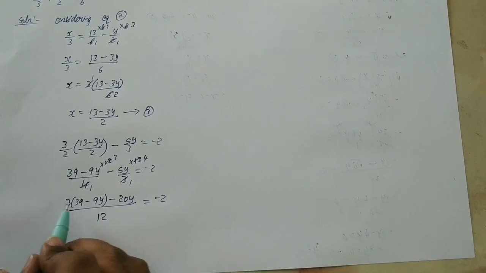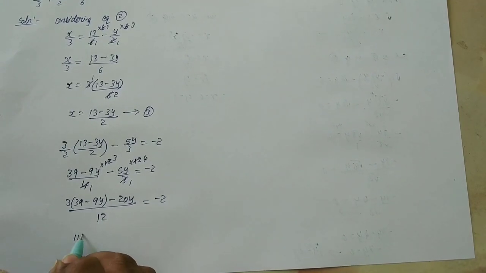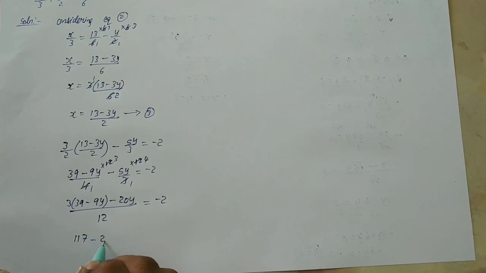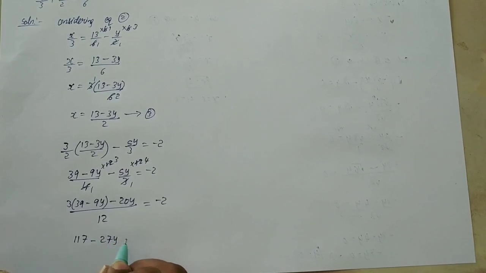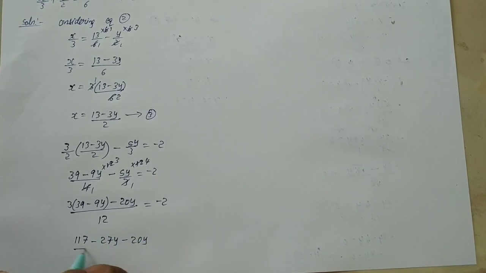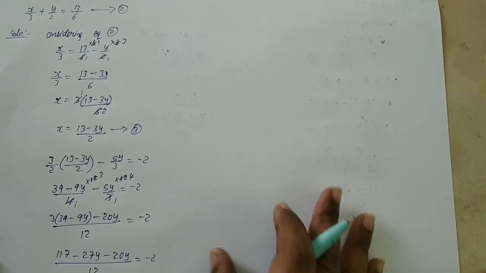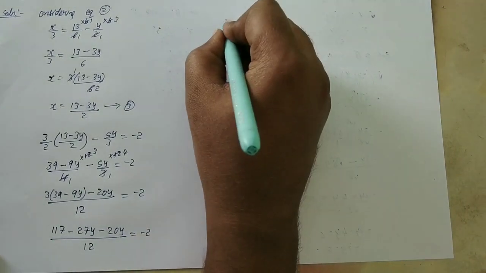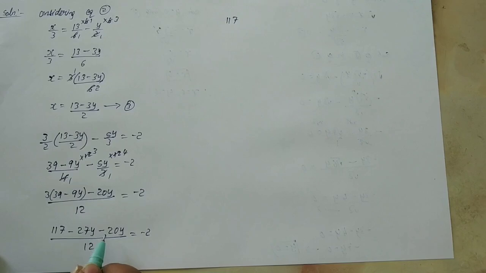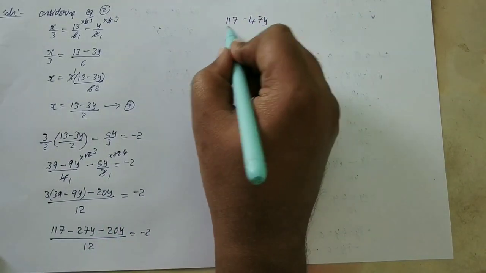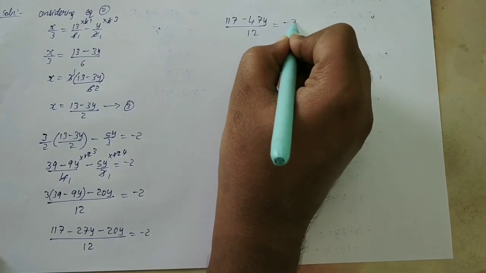So in the next step, 3 into 39, 117, minus 3 into 9y, 27y, minus 20y as it is, divided by 12 is equal to minus 2, right? So this 117 as it is, minus 27y minus 20y, minus 47y, denominator 12 as it is, is equal to minus 2 as it is.